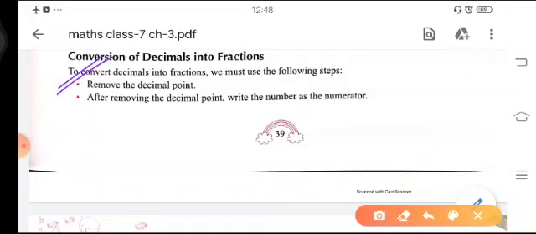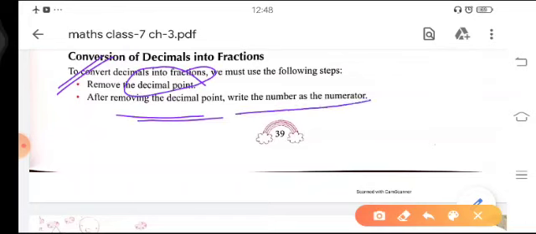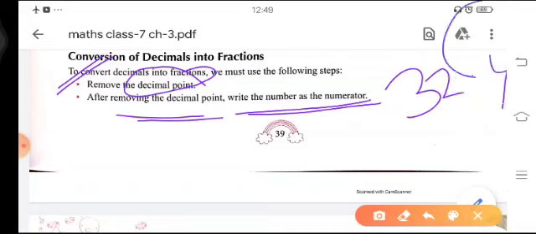First we remove the decimal point, and after removing it we write the number as the numerator. Suppose there is 32.4; we remove the decimal and 324 becomes the numerator.